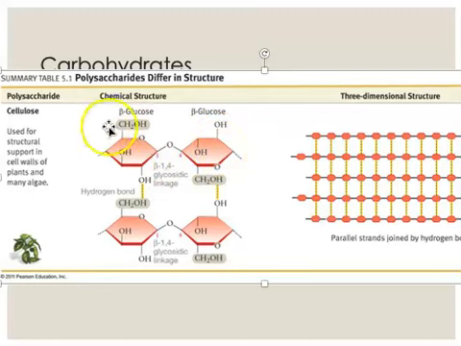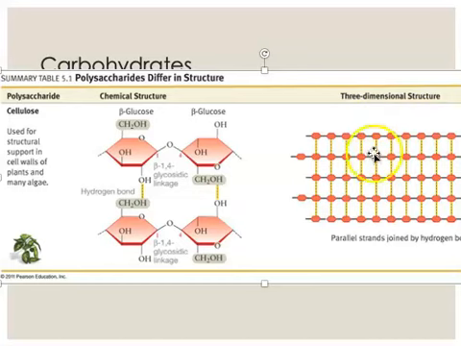If you look at this first glucose, for example, you can see the portion that juts off of the ring, CH2OH, is oriented upwards, if you will, in this drawing. And if we go to the next glucose, it's going to be oriented in the other direction. So by flipping every other glucose molecule, we create long, flat strands.